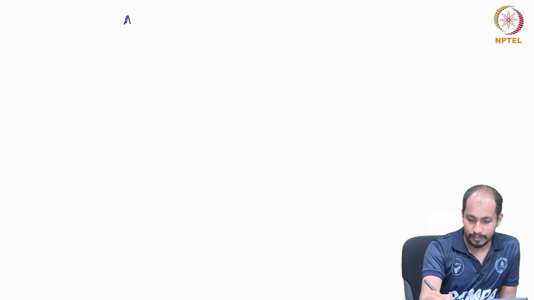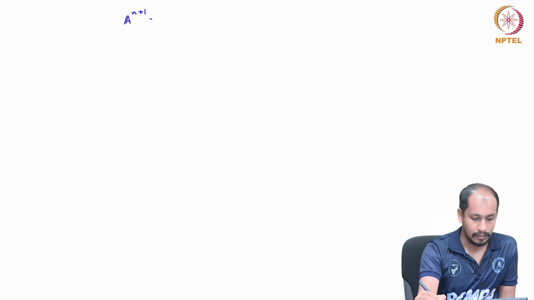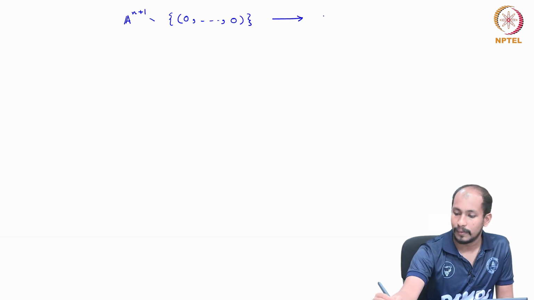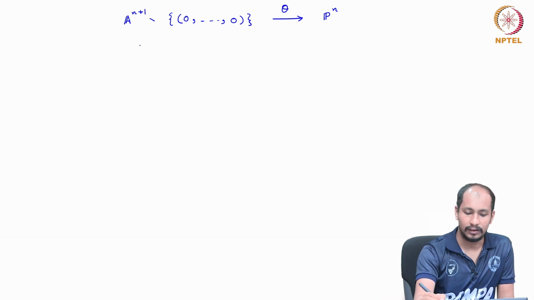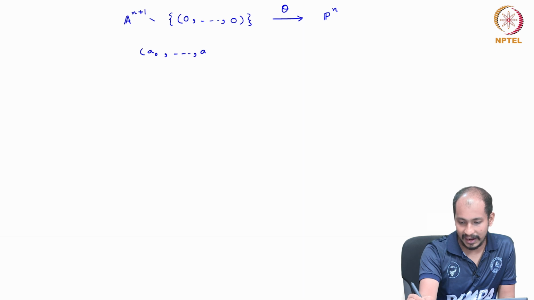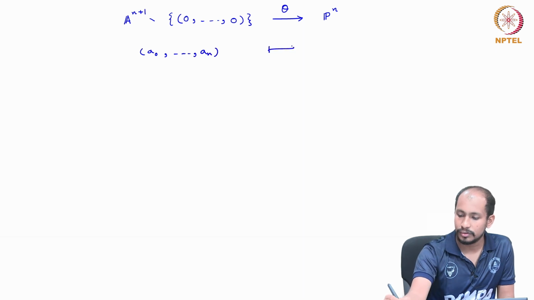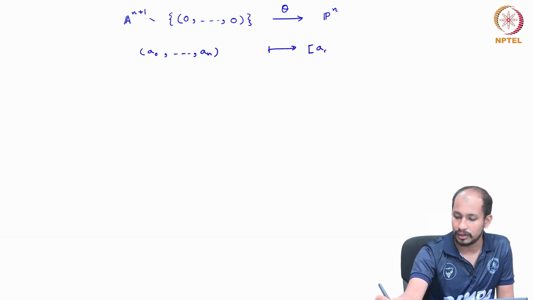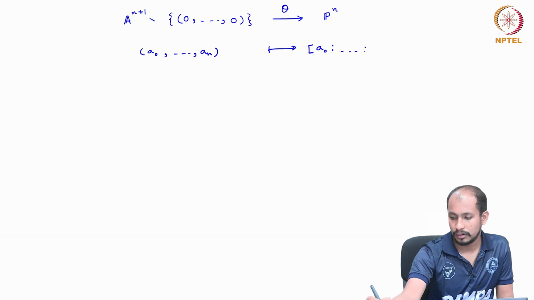Okay. Now consider this map theta from A^(n+1) minus the point (0,0,...,0) to P^n, where each affine coordinate (a0, ..., an) goes to the corresponding projective coordinate [a0 : ... : an].